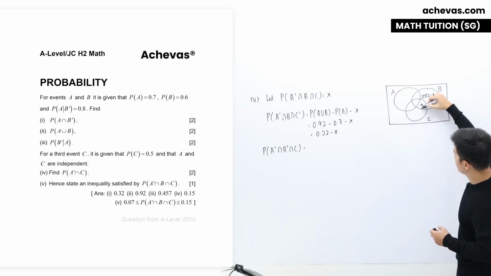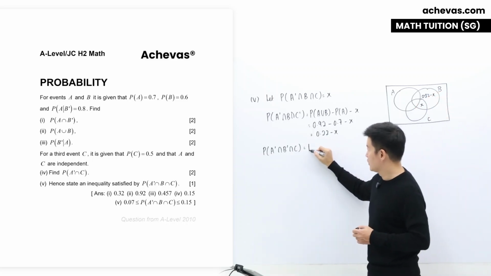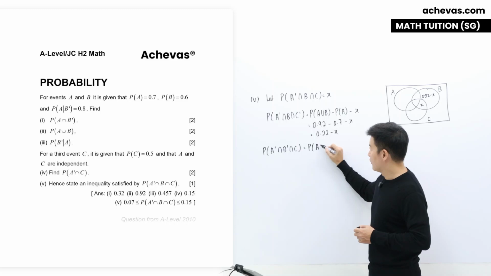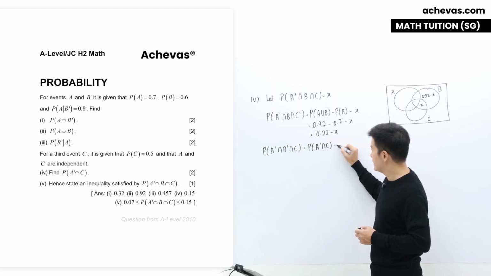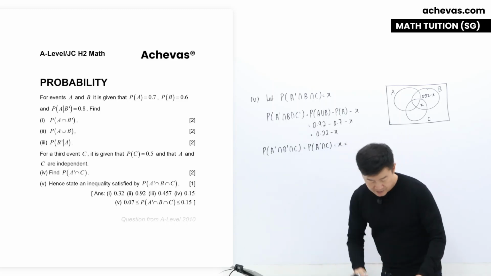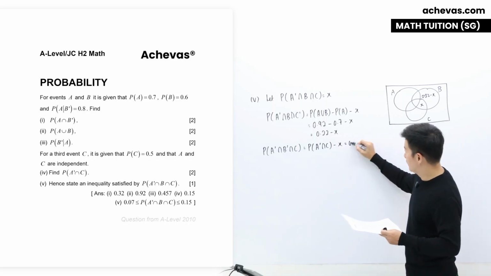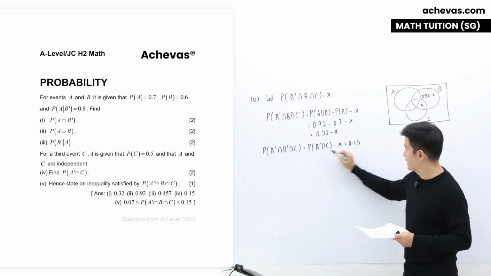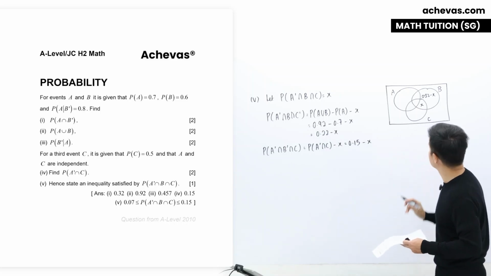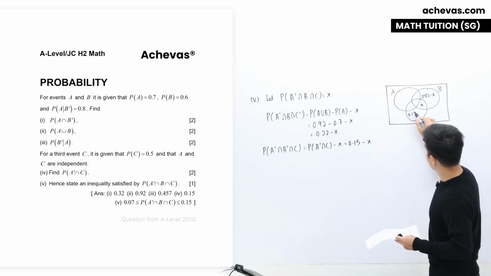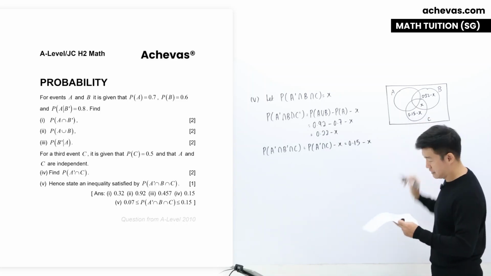So I just need to take this region minus X. So it's going to be the probability of A prime intersect C minus X. And from the previous part, it is 0.15 for A prime intersect C, then minus X. So it is 0.15 minus X.